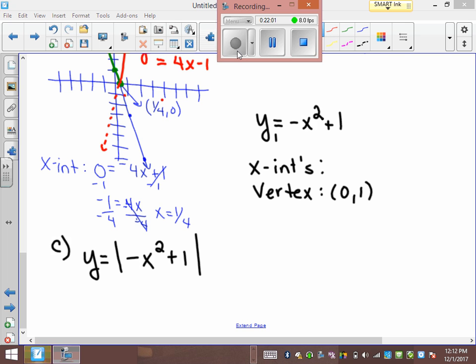And then the x-intercepts are at negative 1 and positive 1. And then I want a few points below. A few other coordinates are 2 and negative 3, and negative 2 and negative 3.